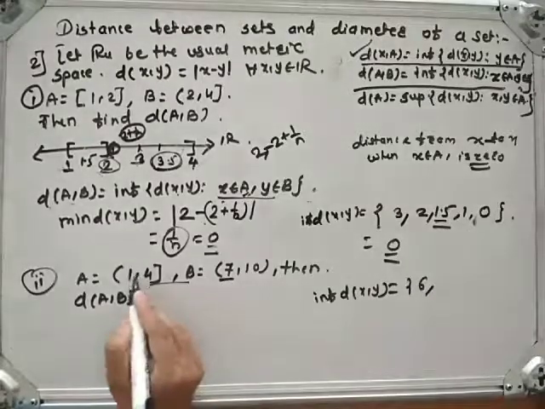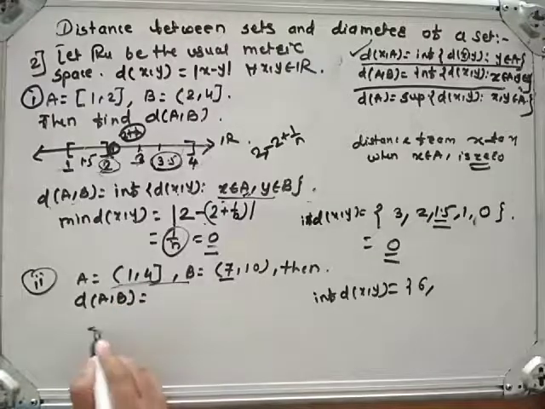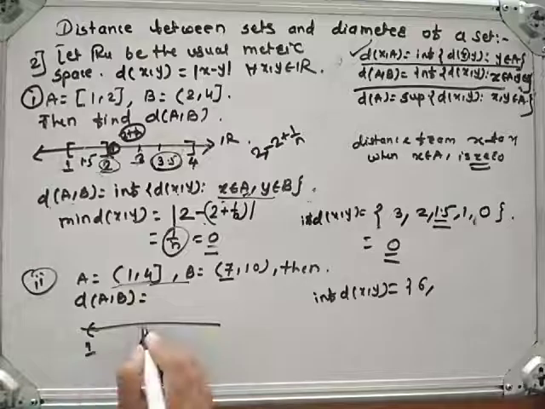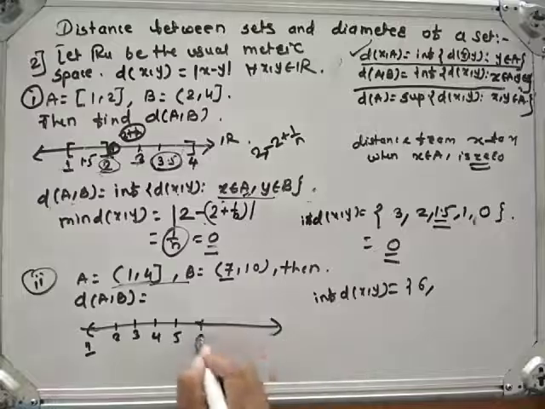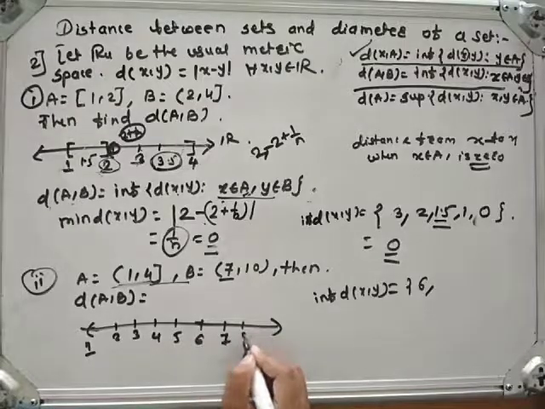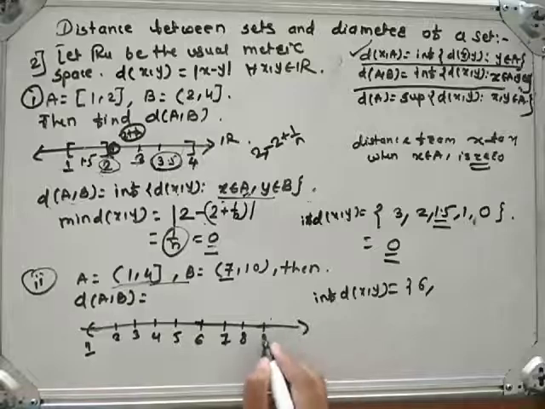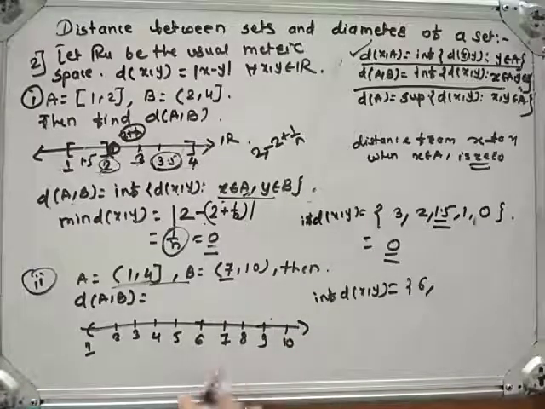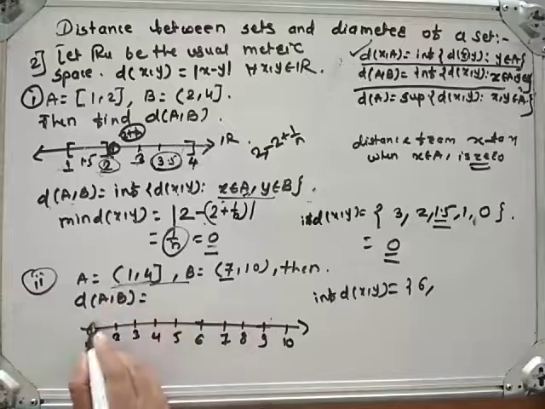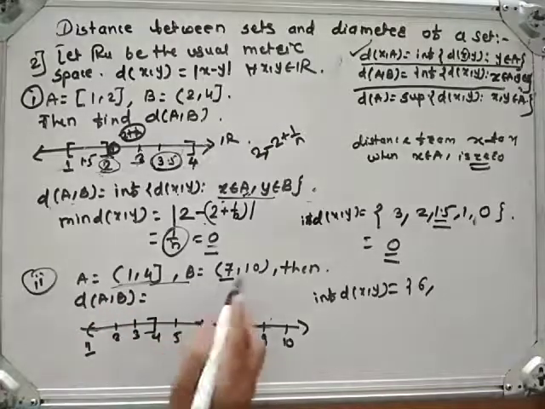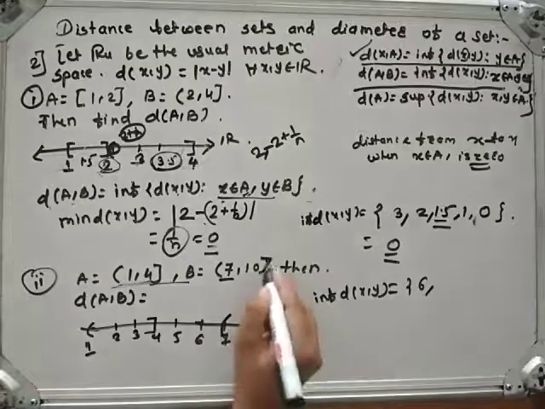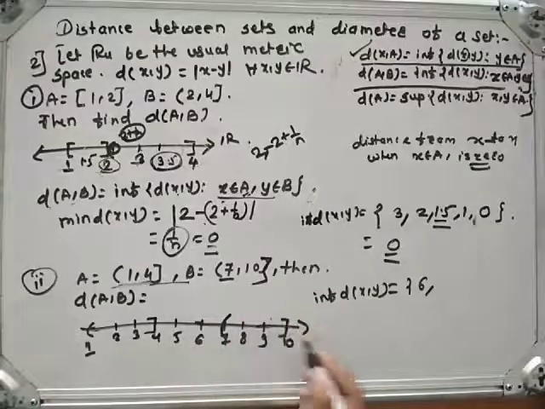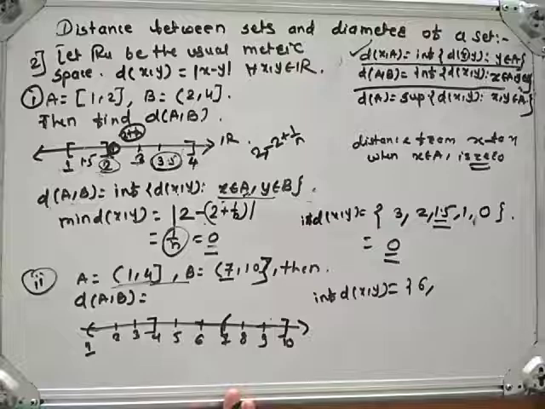Suppose this is the number line: 1 2 3 4 5 6 7 8 9 and 10. Set A is semi-open closed interval 1 to 4 and set B is semi-open closed interval 7 to 10. Then we have to find the distance between A and B.